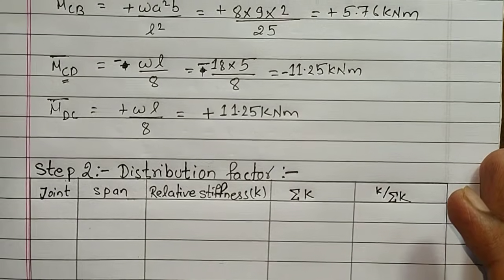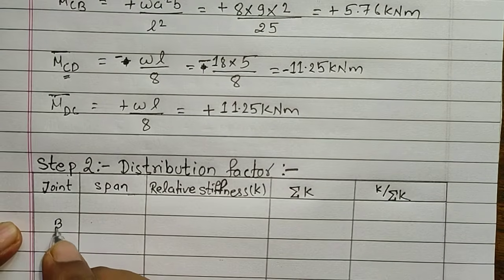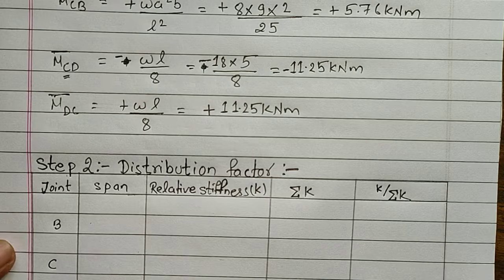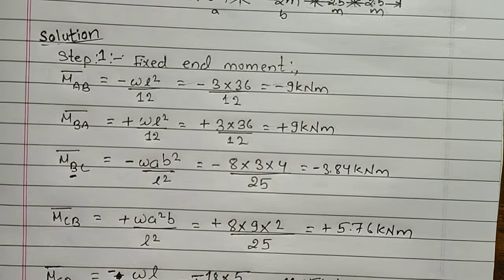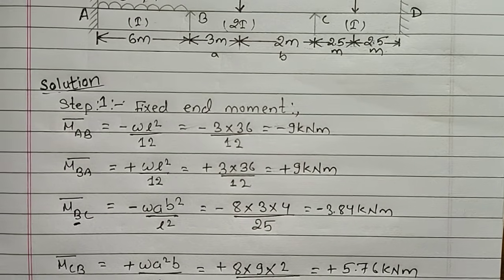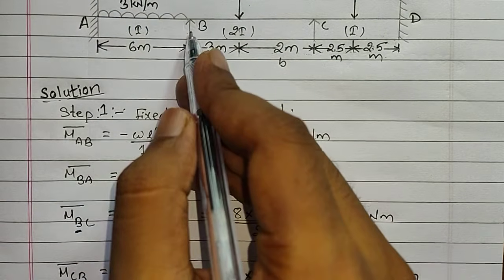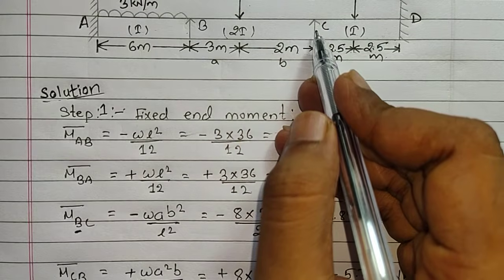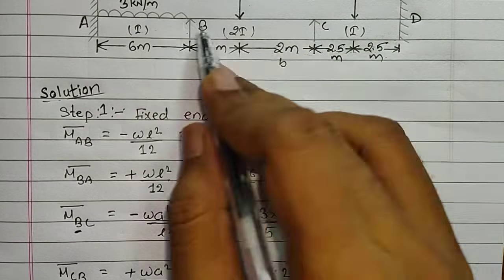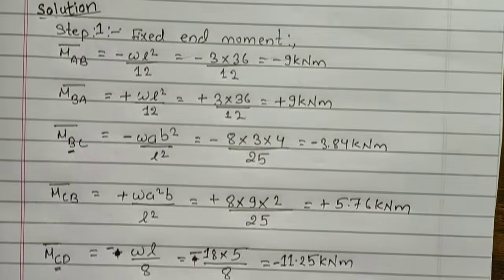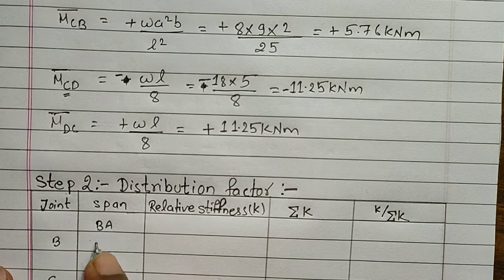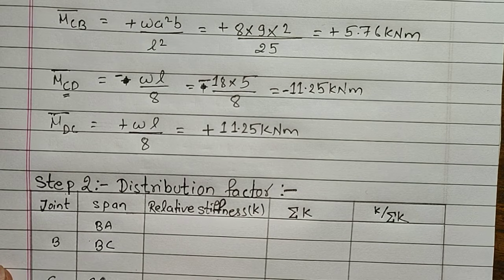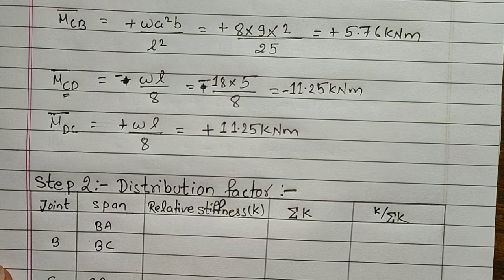After that we have span, so we need to take the span connected to this joint, and the spans connected to joint B are BA and BC. Similarly, spans connected to joint C are CB and CD. So we will write it down here. Joint B, that is BA and BC. Similarly, for C it will be CB and CD.